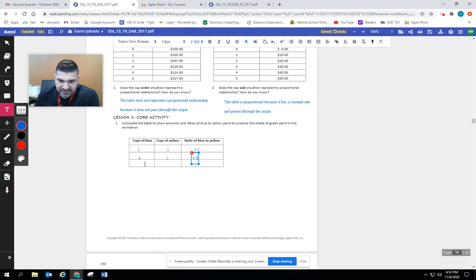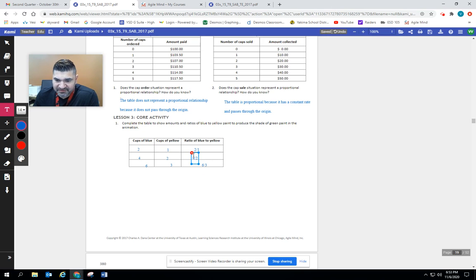Let's do one more. Let's put in a 6. And remember, this one's going to be half the amount of this one here, okay? So we're going to go ahead and type in 3. And our ratio will be 6-to-3.